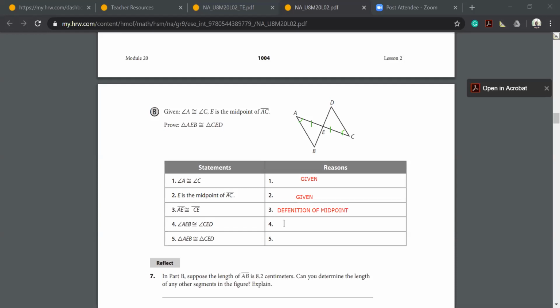Okay, very well. Angle AEB is equal to angle CED. Why are these two angles congruent? Because of the vertical angle theorem.